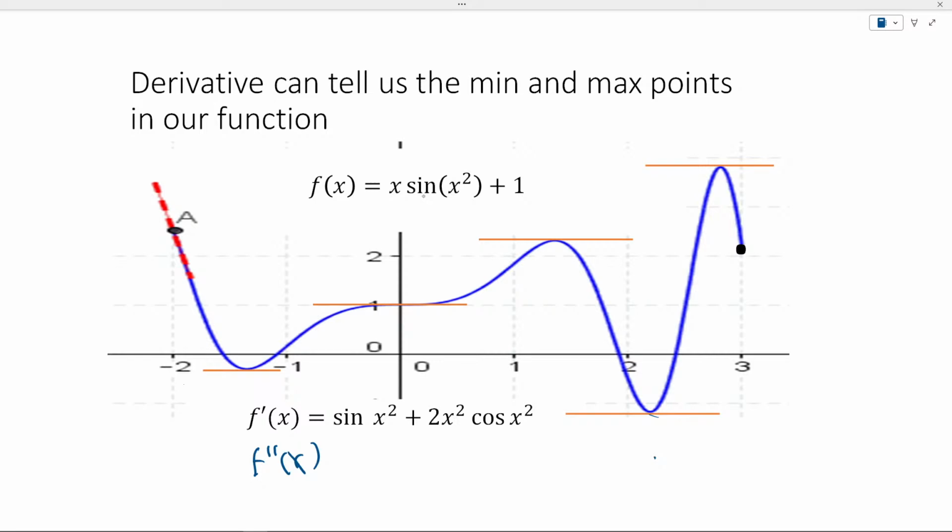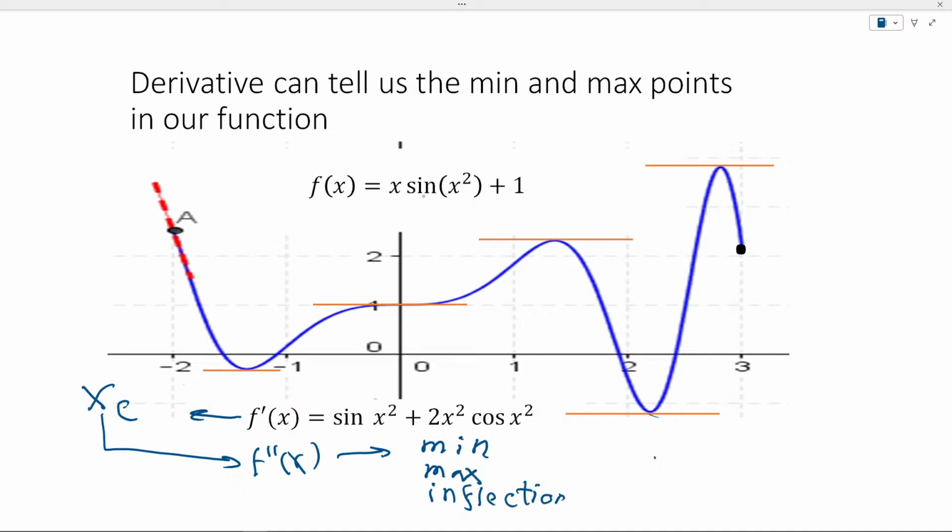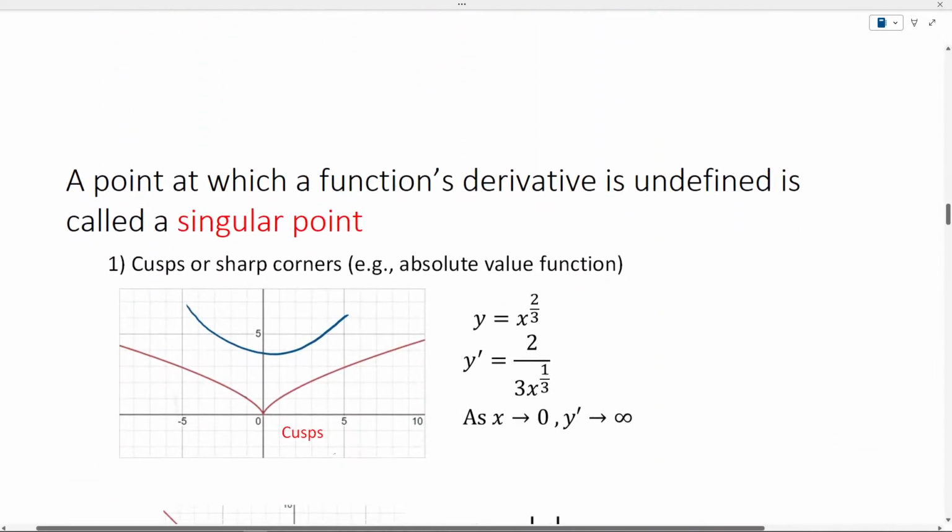First part, how to use the first derivative test to find a critical point, and then how to substitute this critical point in the second derivative to know whether this critical point is a min, max, or an inflection point. Okay, so basically that's the outline.